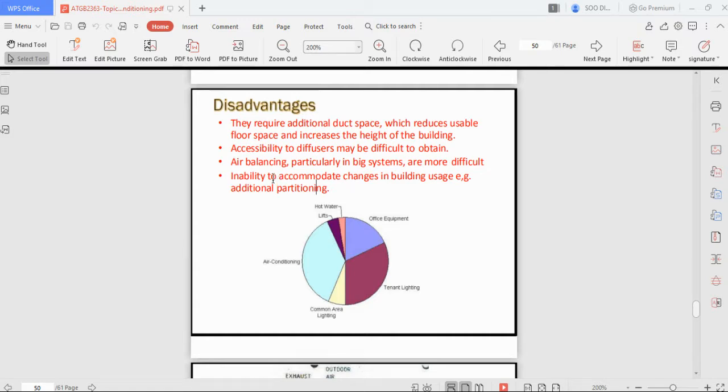And then there's also the inability to accommodate changes in building usage. So what it means is that if you have additional partitioning, let's say the room is made this way, but you want to split it into two, there's a problem because you cannot accommodate the change because your outlet is permanently there.